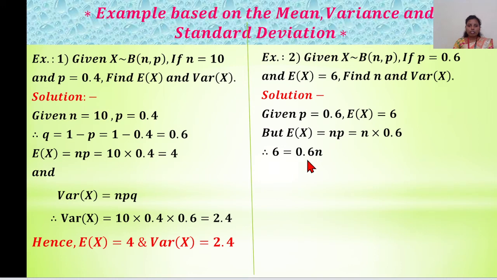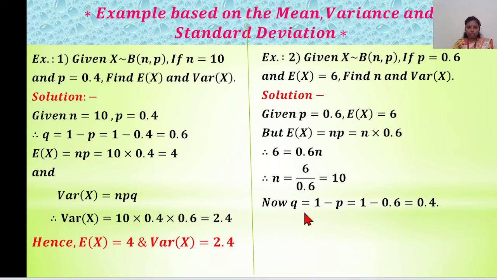Therefore, 6 is equal to 0.6 into n. Therefore, n is equal to 6 upon 0.6, that is equal to 10.